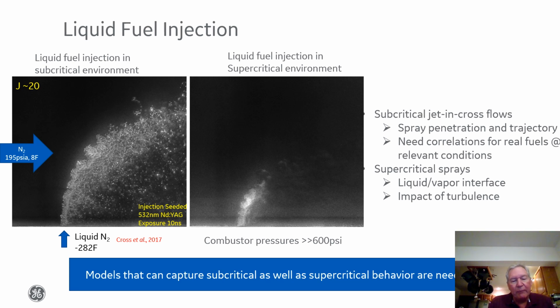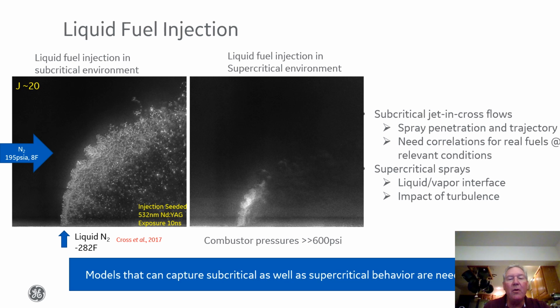On the left-hand side, we have subcritical injection of a liquid nitrogen jet into a nitrogen or gaseous nitrogen free stream crossflow. On the right-hand side, we're injecting that liquid nitrogen jet into a supercritical crossflow. So you see very different behavior.